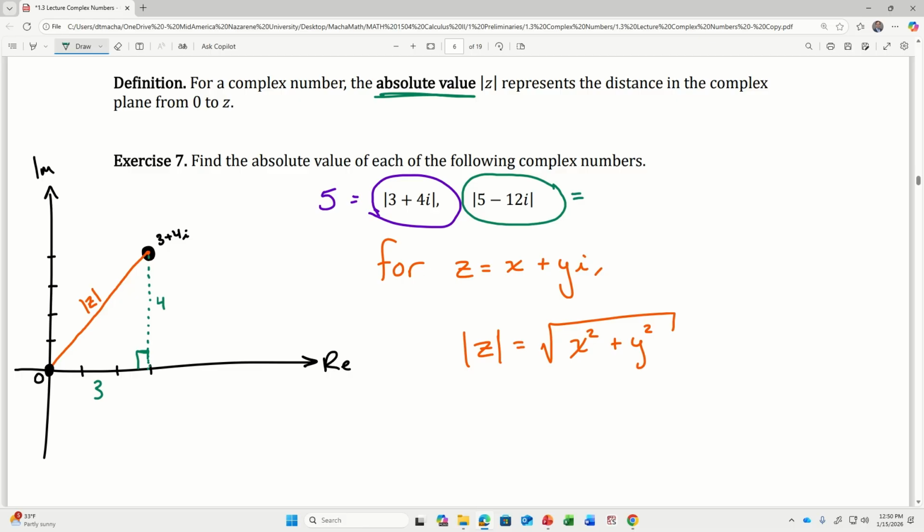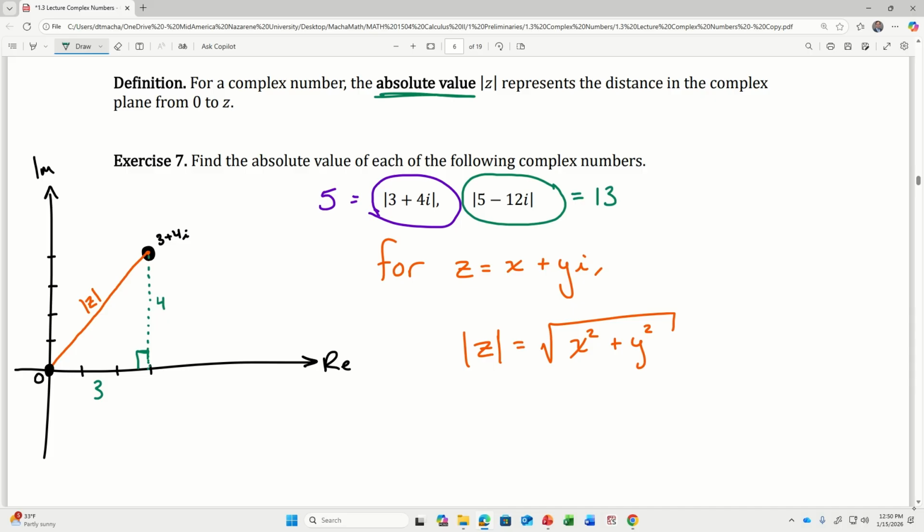It would be 13. 25 plus 144 is 169. That's 13 squared. Very good. Does that make sense? Okay.